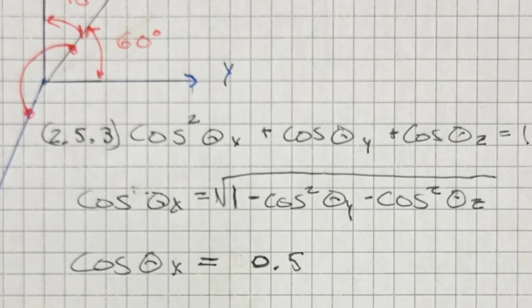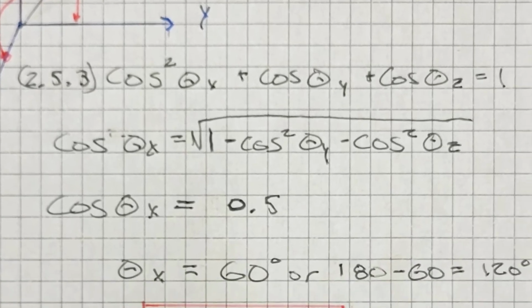Now, there are 2 possibilities: the value of theta x is equal to 60, or it can also be equal to 120. We get this by subtracting 60 from 180.